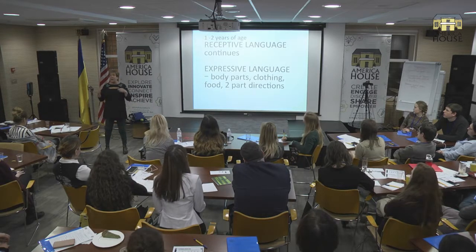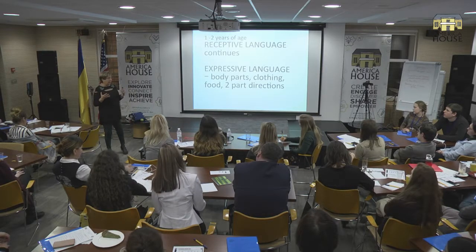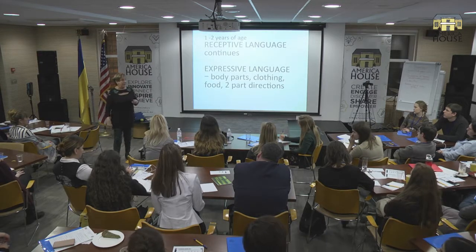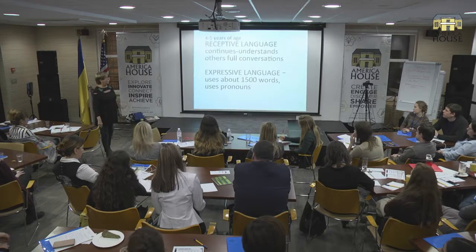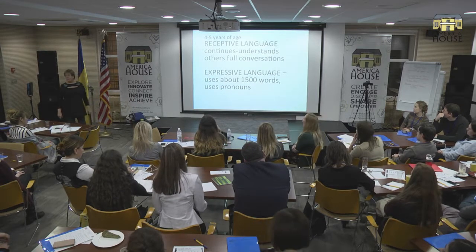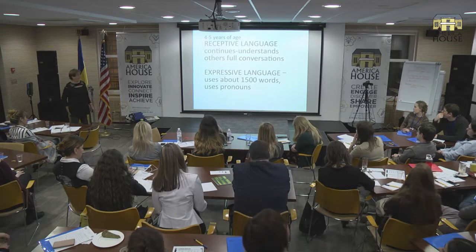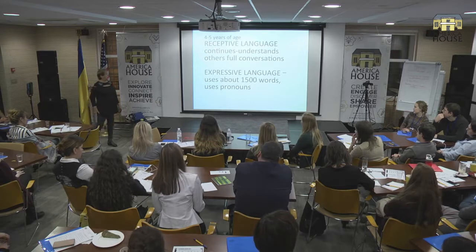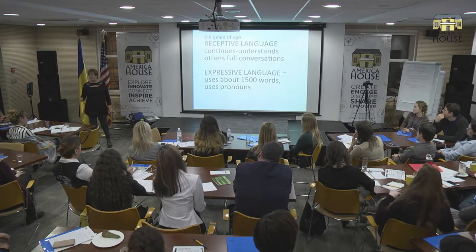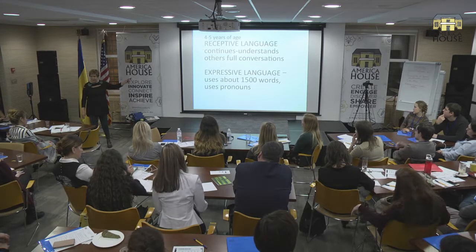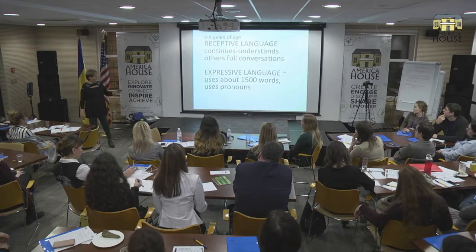They can even follow 2-part directions like pick up the trash, put it in the trash can. 4 to 5 years, they are starting to understand full conversations. Expressive, they're up to about 1,500 words. How long has it taken them? 4 to 5 years.